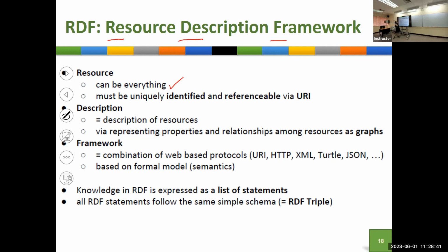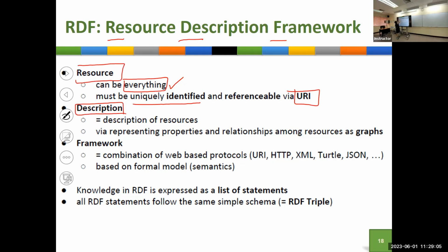The key thing in RDF, semantic web, linked data, and knowledge graph is that everything that you want to represent should be uniquely identified by a URI mechanism.